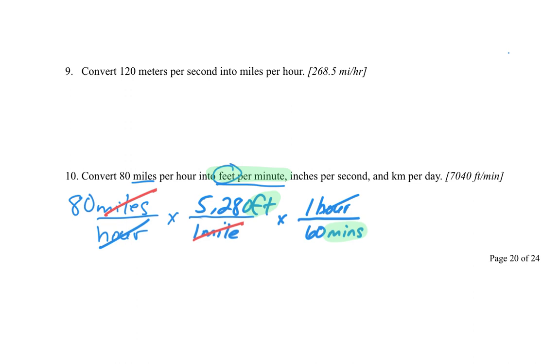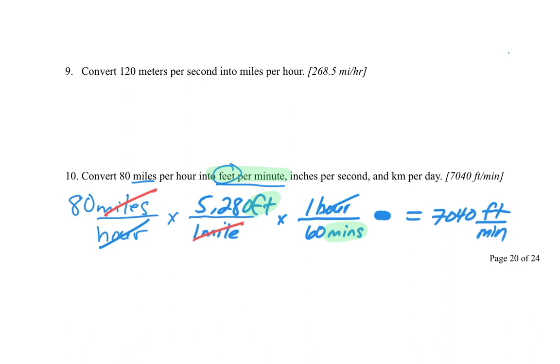So put that into your calculator, and you should find that your answer is 7,040 feet per minute.